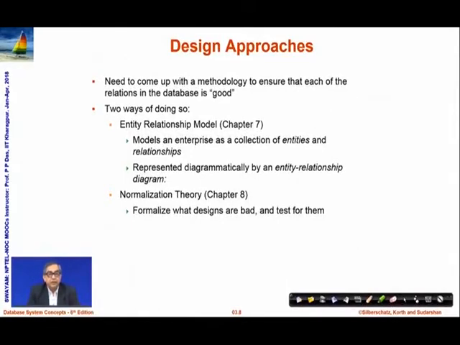So, in a university database, the entities are students, courses, teachers, and the relationships are: a teacher teaches a set of courses, a student attends a set of courses, and so on. The teachers supervise a set of students for projects and so on. We then represent them diagrammatically in terms of an ER diagram, entity relationship diagram.